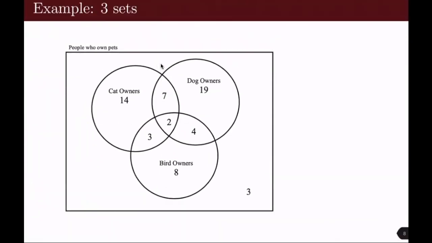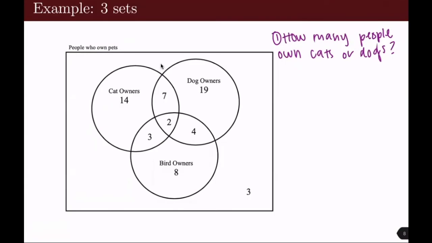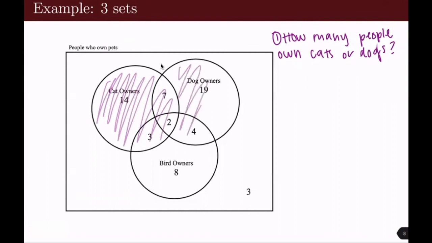All right, let's use this Venn diagram to answer some questions. So let's do how many people own cats or dogs? If we're looking for how many people own cats or dogs, that means we're looking in the circle of cat owners and we're looking in the circle of dog owners.